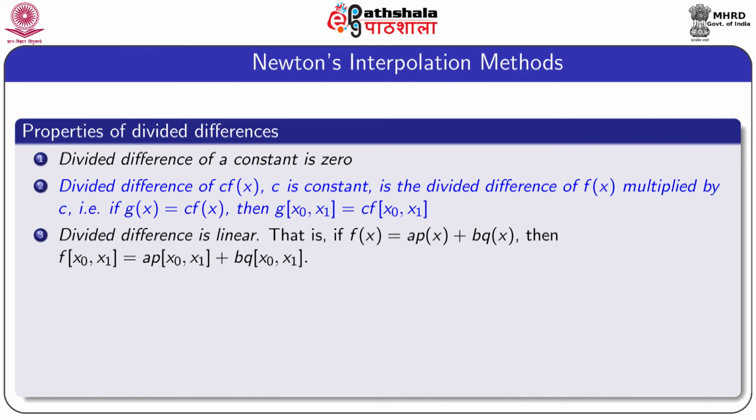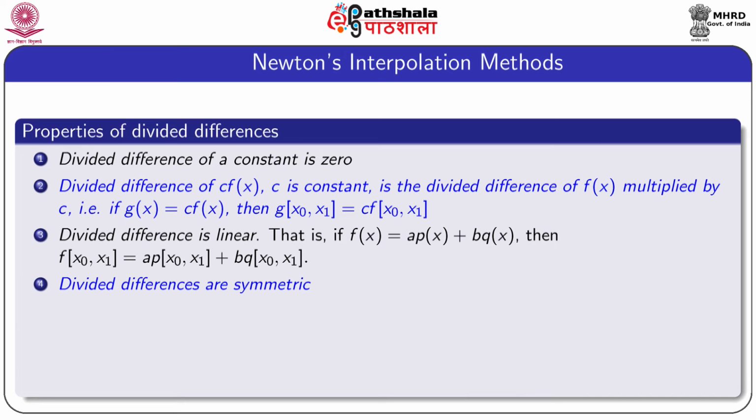Divided difference is linear. That means, if f of x equals a into p of x plus b into q of x, then the first order divided difference of f is equal to a into the first order divided difference of p plus b into the first order divided difference of q. So, this indicates that the divided difference is a linear operator.